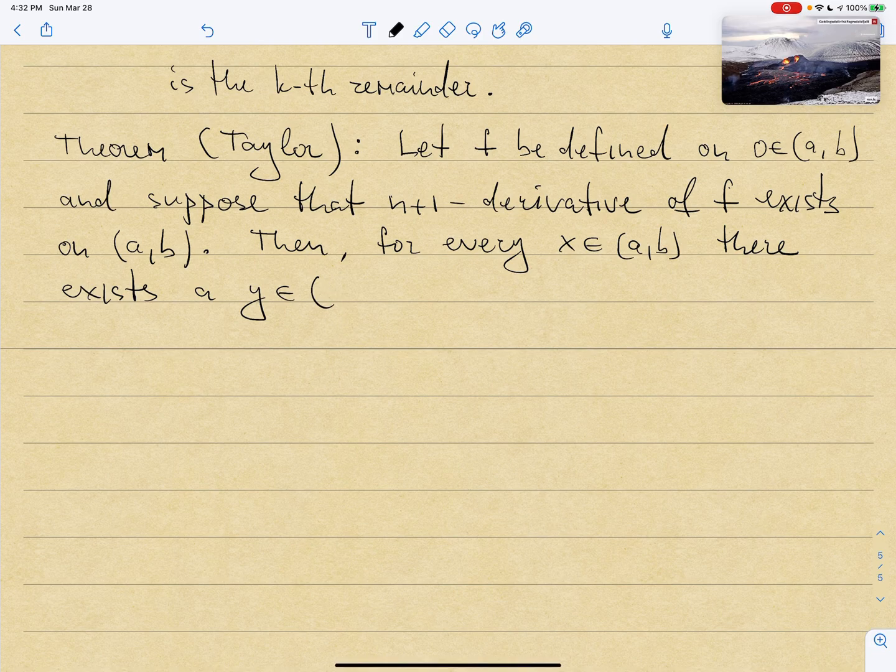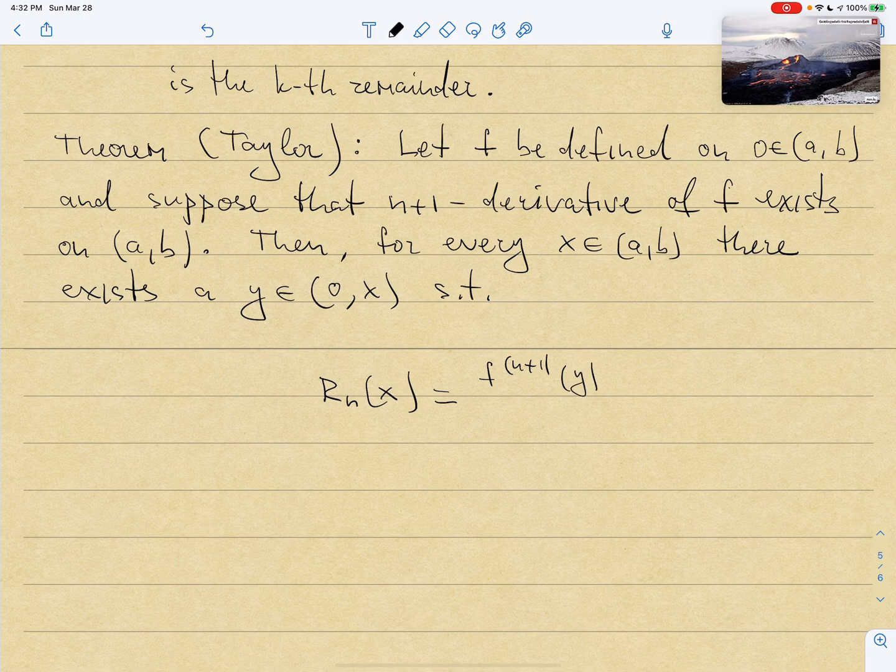So y is in the interval from 0 to x, such that the remainder Rn of x is going to be equal to the n plus first derivative of f evaluated at y divided by n plus 1 factorial times x to the power n plus 1.